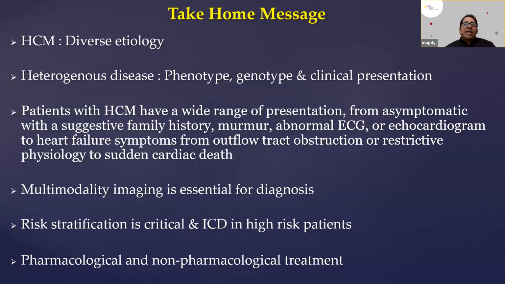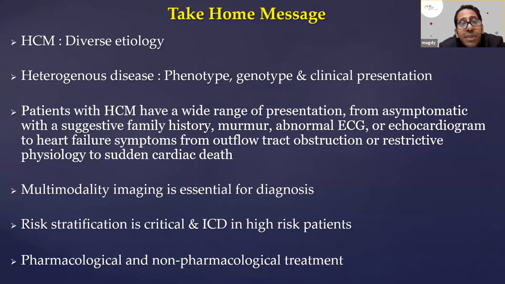So at the end, the take-home message for this fascinating disease is that hypertrophic cardiomyopathy has different phenotypes, genetically, phenotypically, clinical presentation, diverse etiology. And interestingly, the patients with hypertrophic cardiomyopathy may be totally asymptomatic or may present with sudden cardiac death as the first presentation.